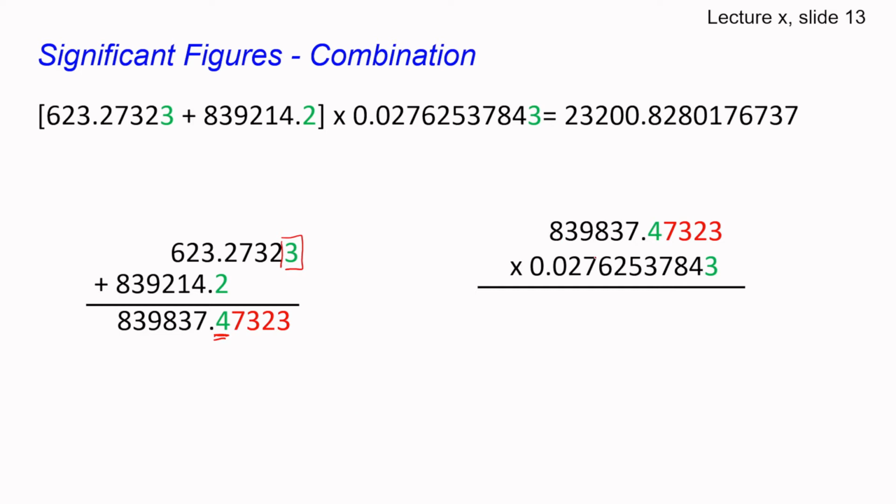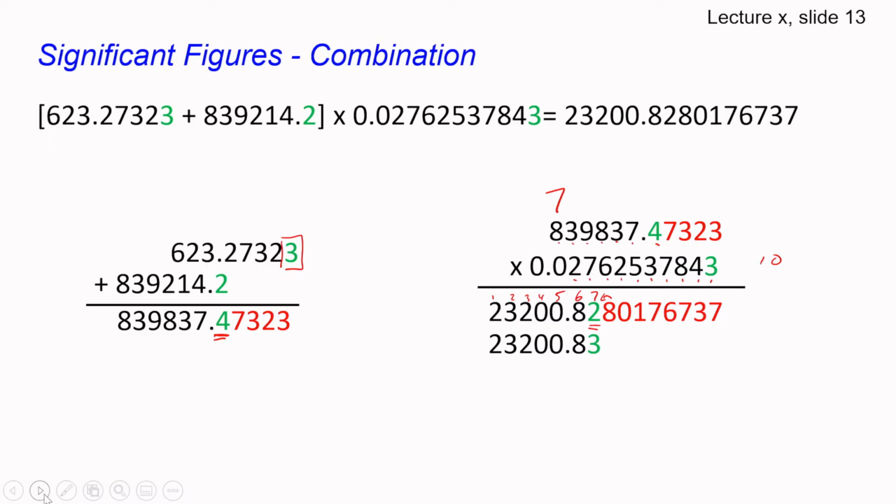Now I'm doing multiplication, so I have 1, 2, 3, 4, 5, 6, 7 sig figs versus 1, 2, 3, 4, 5, 6, 7, 8, 9, 10 sig figs. So the 7 sig figs is the smallest, so it wins. When we do our answer, we have to keep 1, 2, 3, 4, 5, 6, 7 sig figs. That's where my uncertainty will be. Will that cause it to round up? Yes, it will. So there we go.